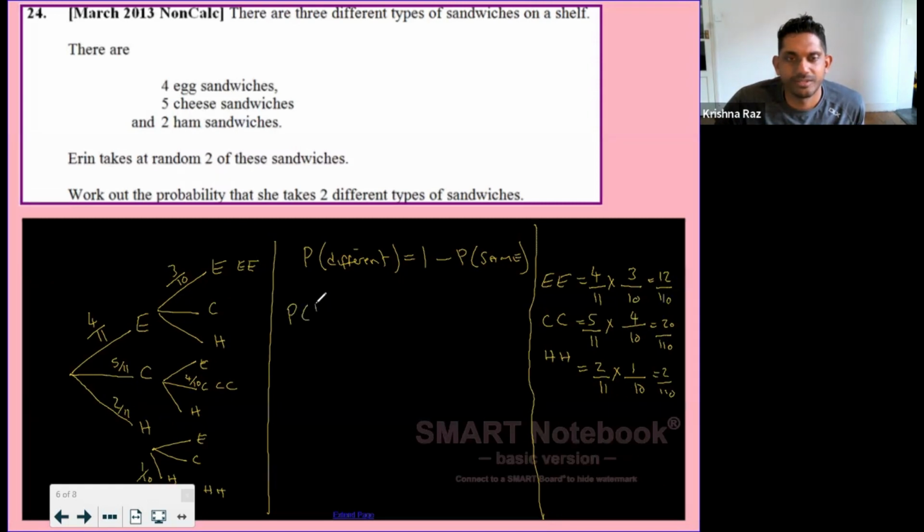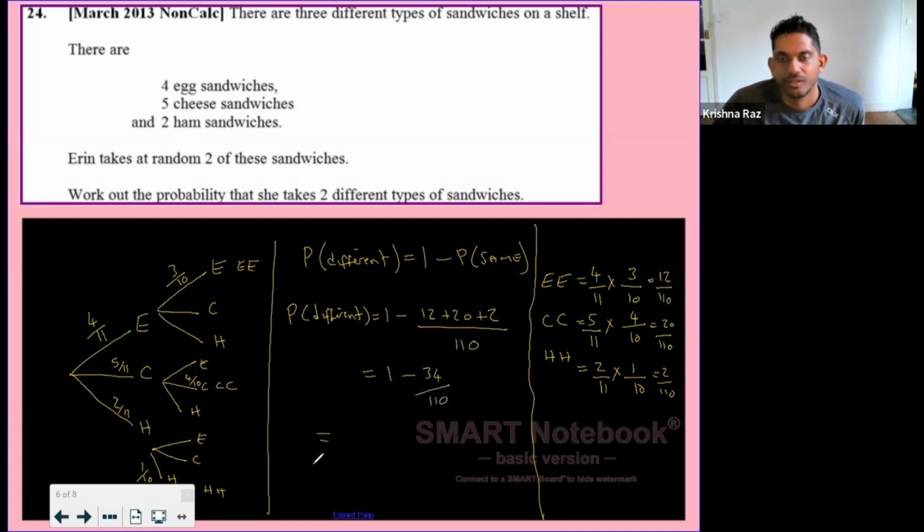So the probability they're different will be 1 minus 12 plus 20 plus 2 out of 110, which is 1 minus 34 over 110, which is 76 out of 110. Yeah, which we could write as a decimal. It's not a necessity though.